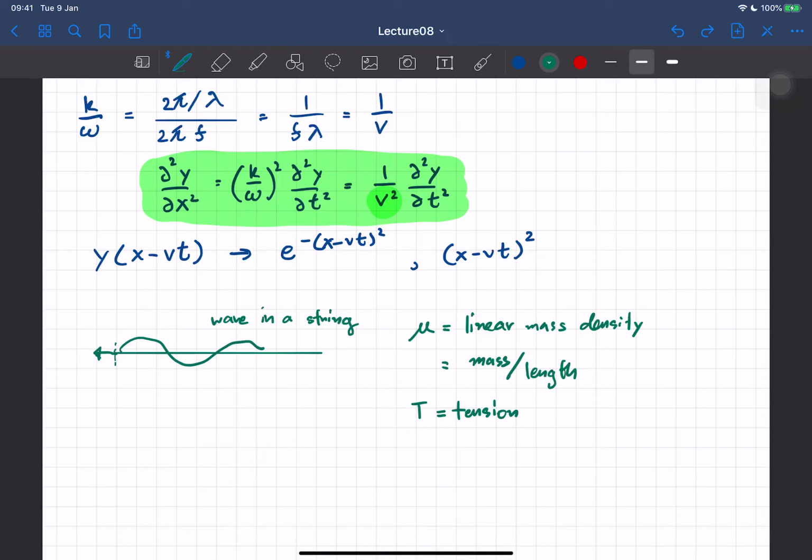But in any case, in the end, you're going to see that the velocity of the wave is given by the square root of T over mu, which is the square root of tension over the linear mass density. So this is the velocity of a wave in a string.